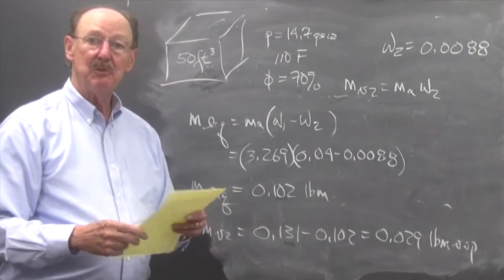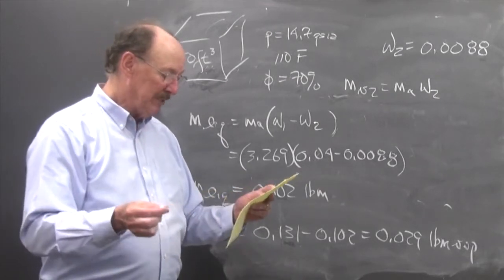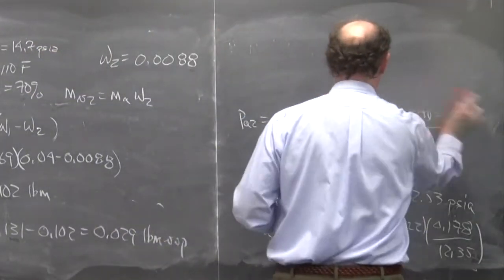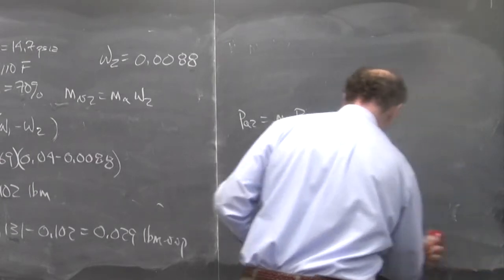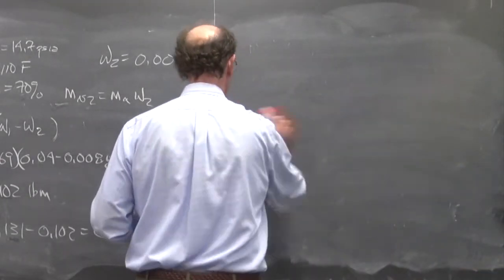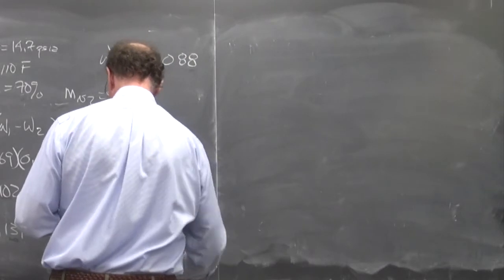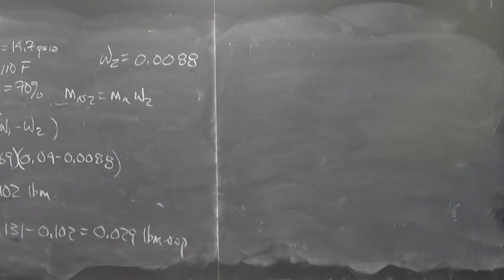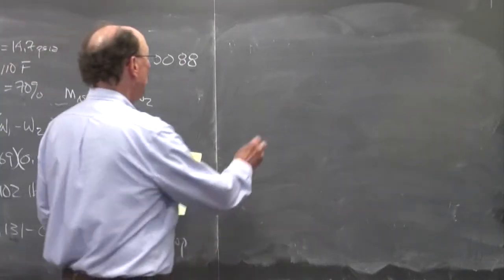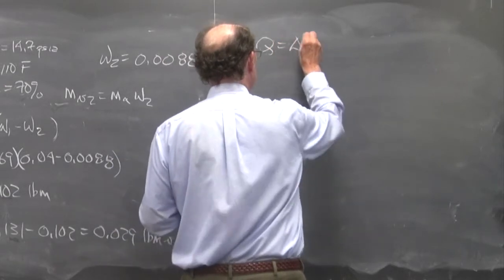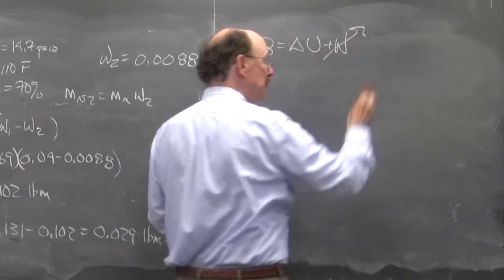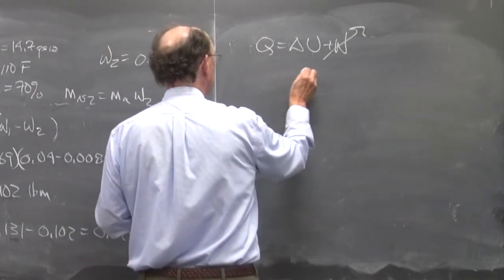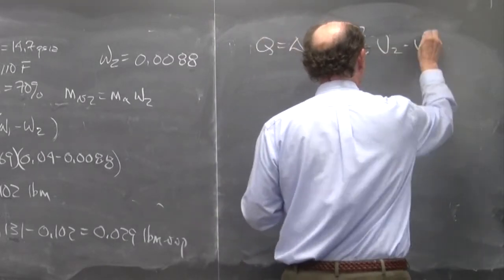So now, let's do the first law analysis where we find out what Q is. What I have written down here was a closed system, and we have this mixture. The first law for a closed system: Q is equal to delta U plus W. There is no work done because it's a constant volume problem, so this is equal to U2 minus U1.